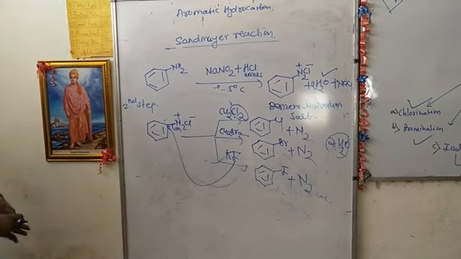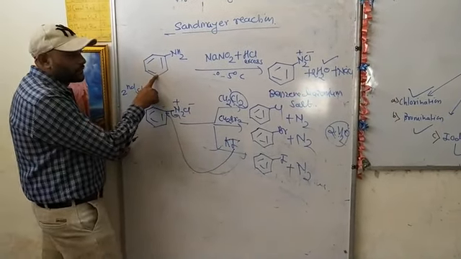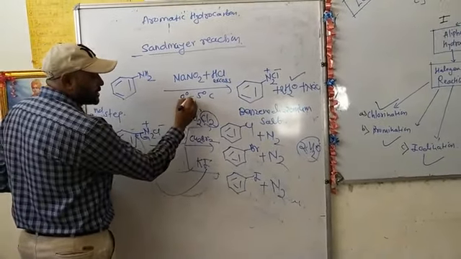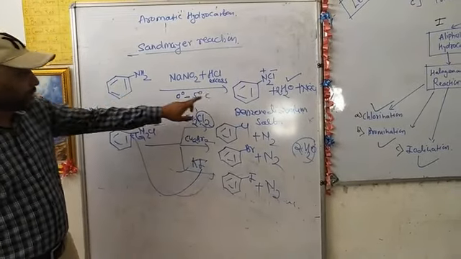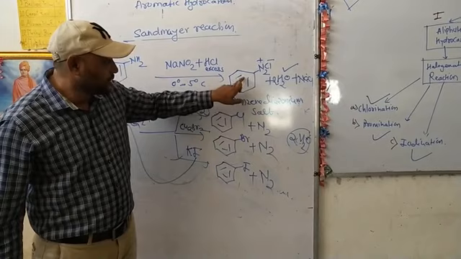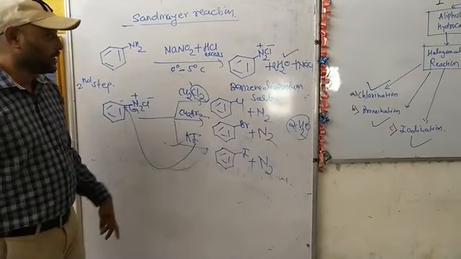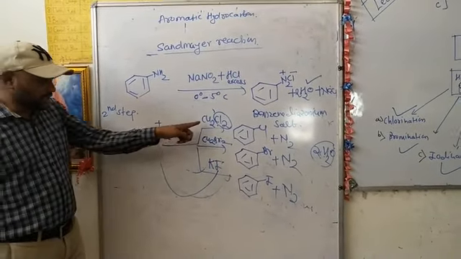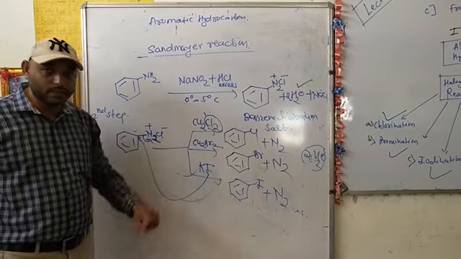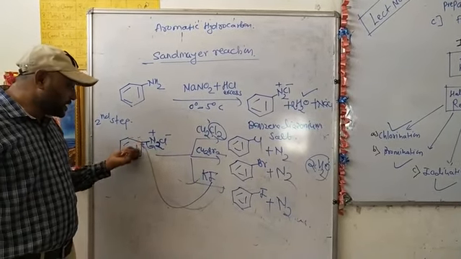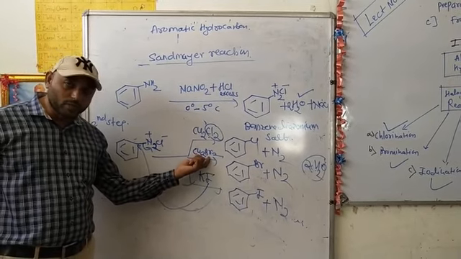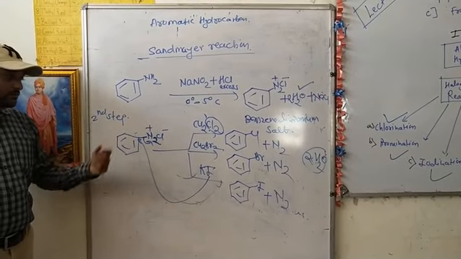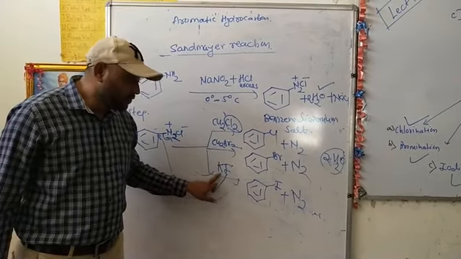What is the Sandmeyer reaction? Aniline in the first step undergoes diazotization with NaNO2 and HCl at about 0 degrees Celsius to 5 degrees Celsius, forming benzene diazonium chloride. In the second step, benzene diazonium chloride treated with cuprous chloride forms chlorobenzene, treated with cuprous bromide forms bromobenzene, or treated with KI forms iodobenzene.